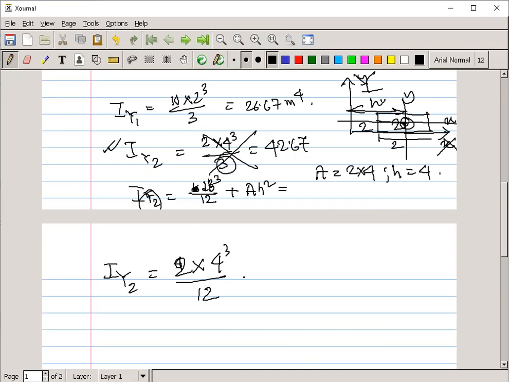This is 12, plus area is 2 into 4 into h square, 4 square. Any confusion here? Anyone? No, sir. Is it clear right now? Okay, right?